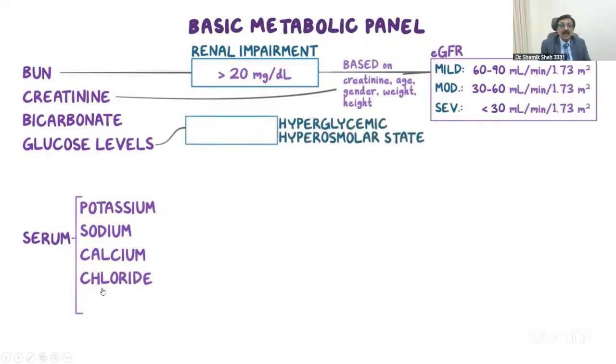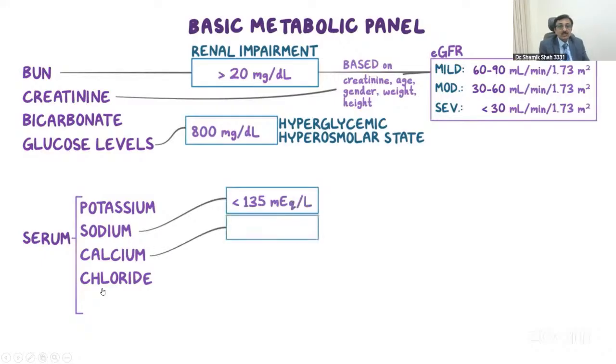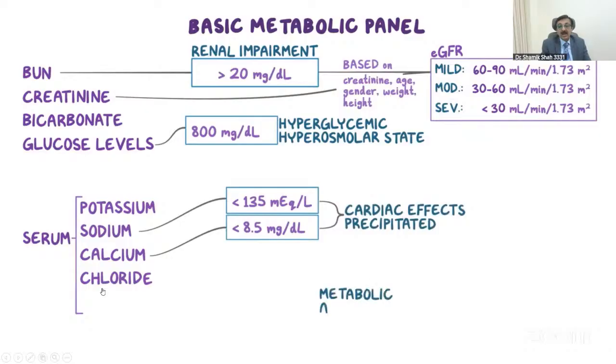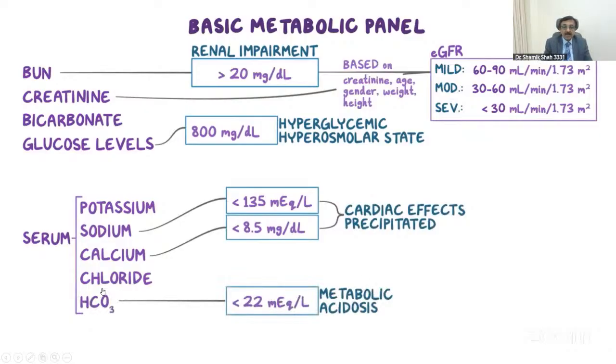In a hyperglycemic hyperosmolar state, sometimes glucose levels can be as high as 800 milligrams per deciliter. Now, if the patient's sodium is below 135 milliequivalents per liter and the calcium is below 8.5 milligrams per deciliter, the cardiac effects of the hyperkalemia are precipitated. Of course, we do need to look at the bicarb level. And if we see that the bicarb level is below 22, we must do an ABG as well.